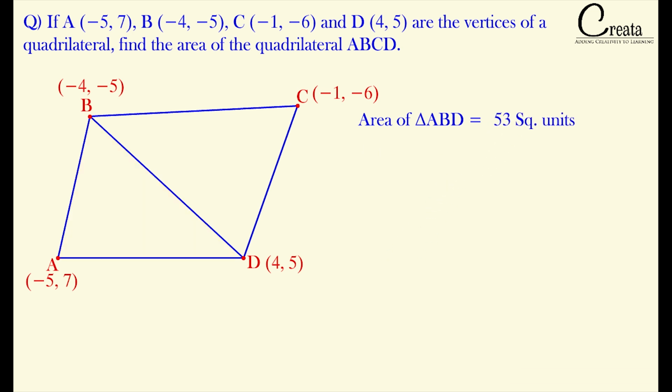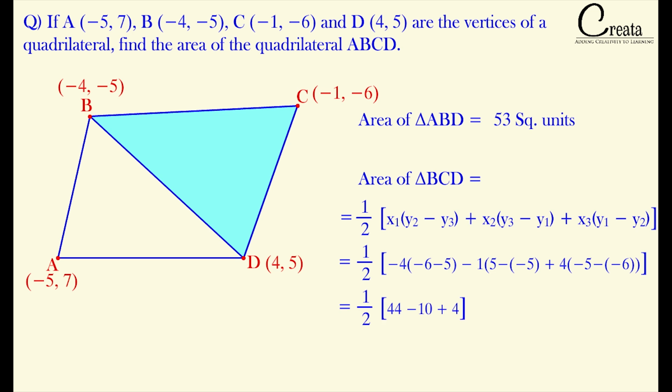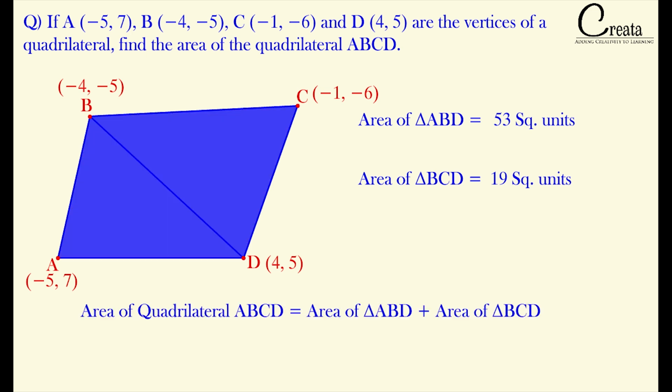Similarly, for the triangle BCD, let's put all the values. We got the area of this triangle BCD as 19 square units. Let's add the area of both of these triangles to get the area of the quadrilateral, which will be equal to 53 plus 19, that is 72 square units. That is, we got our answer for the area of the quadrilateral ABCD.